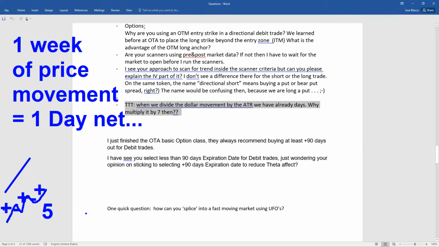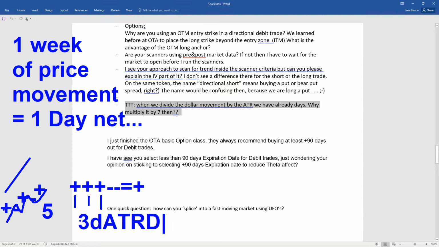Well, you ended up with plus, plus, plus, minus, minus, and all of this is going to be net 1 plus. So positive daily ATR, positive daily ATR, and positive daily ATR equals 3 daily ATRs.